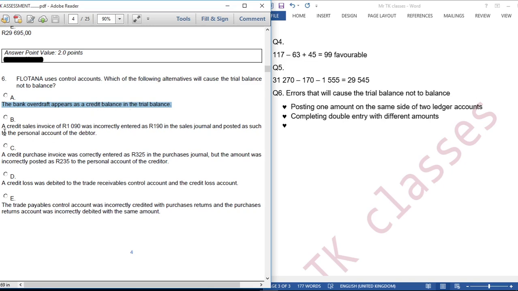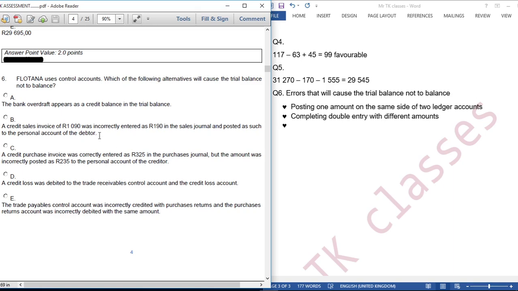All right, so B: a credit sales invoice of 1,090 was incorrectly entered as 190 in the sales journal and posted as such to the personal account of the debtor. This looks like completing double entry with the same amount.